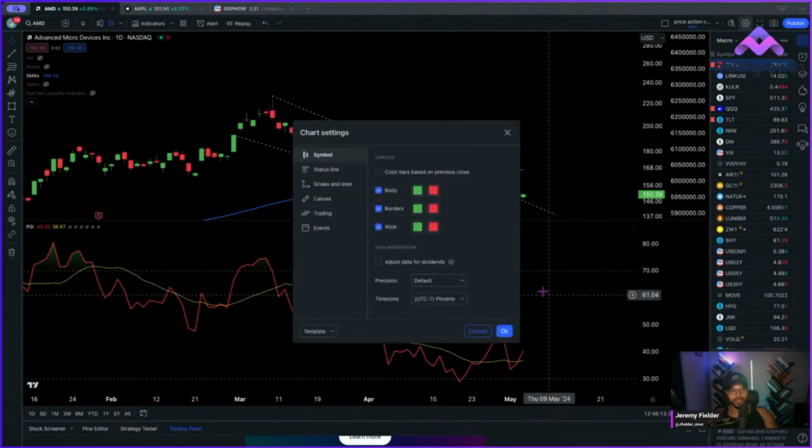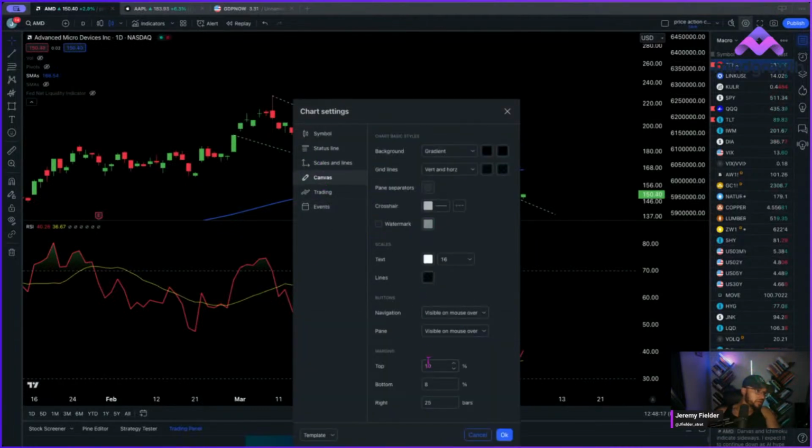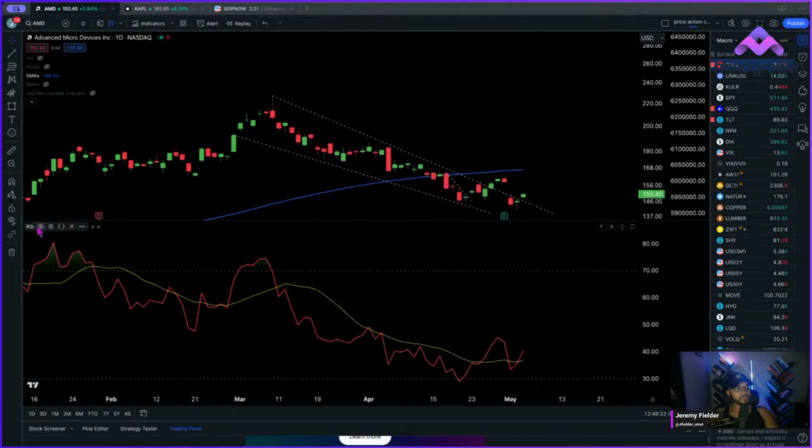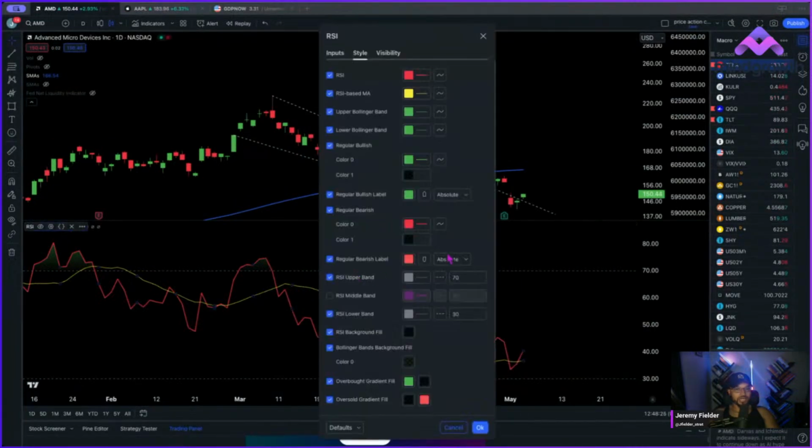Let me see if I could change. Can I change the color on this? Oh, never mind. It's kind of hard to see the RSI.